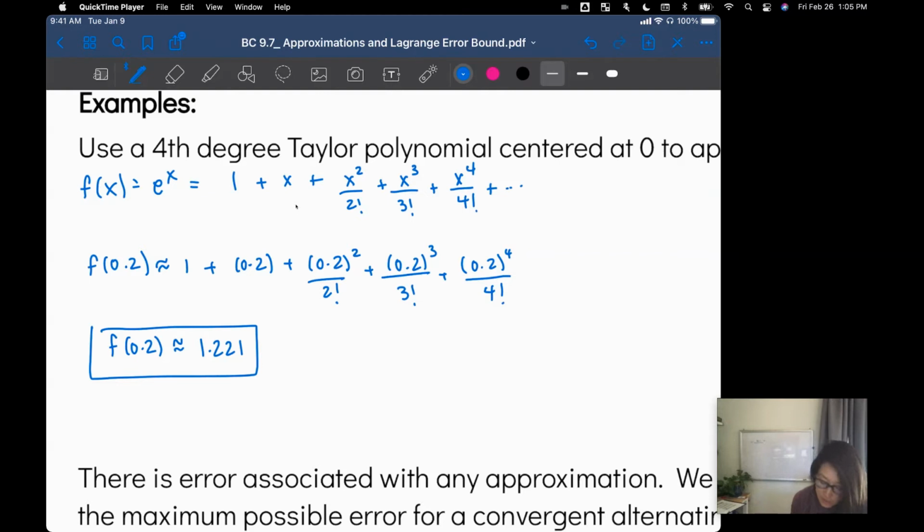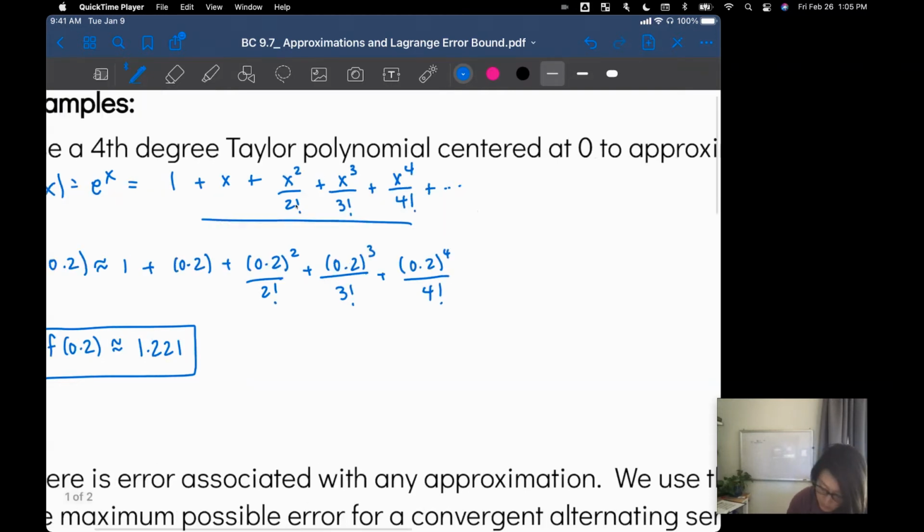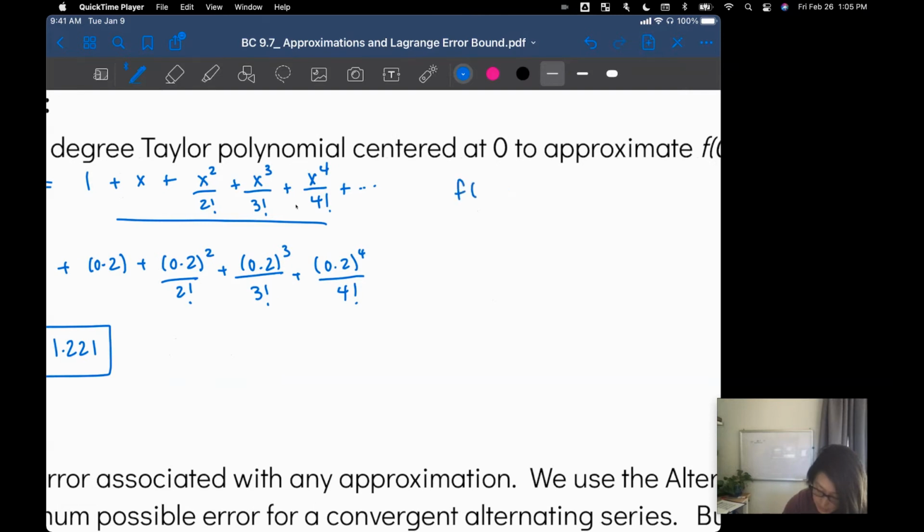Okay, if you don't have this polynomial memorized, remember you can always take your f of x is equal to e to the x, take the first derivative, e to the x, the second derivative is e to the x, and then you evaluate the function at each one of the c values. So f of 0 is equal to 1.